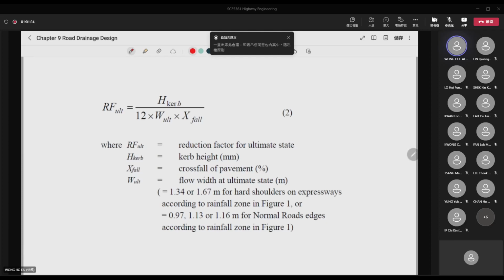Then you will find the so-called reduction factor. This reduction factor should be applied to the spacing of the gully. So if you are reducing the spacing of the gully, of course you will reduce the flow height. Once you reduce the flow height, then you compare with the curb height again to see whether it will overtop or not. Okay?